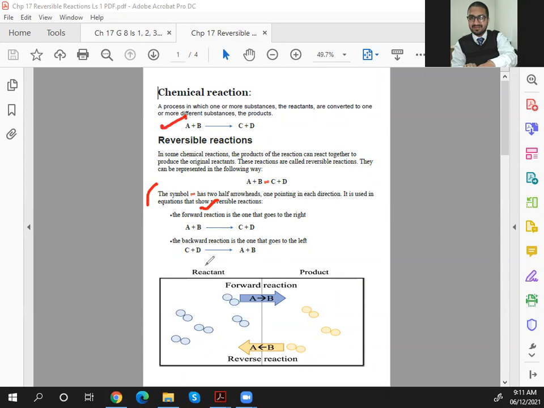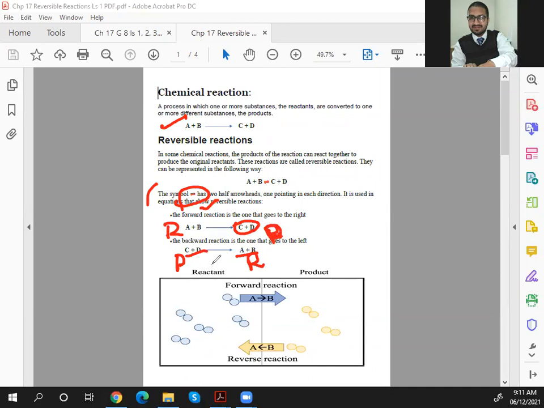Now this one is the backward reaction, so this is how we represent it: C plus D make again A plus B. That means reactants go to products, and then we get back from products to reactants.